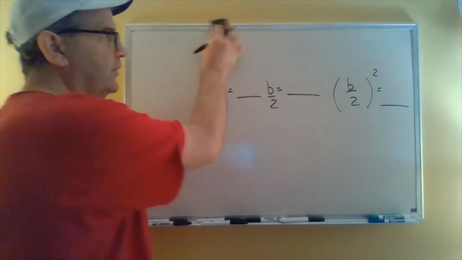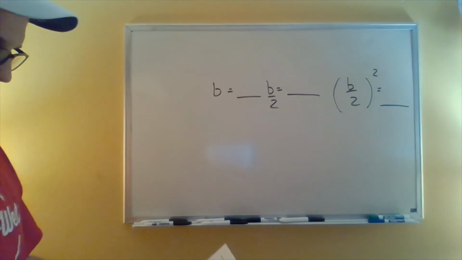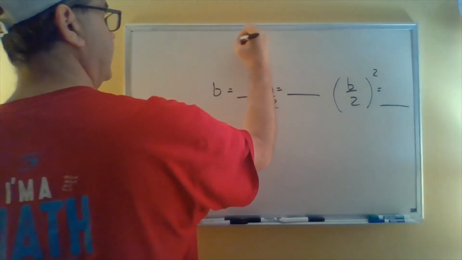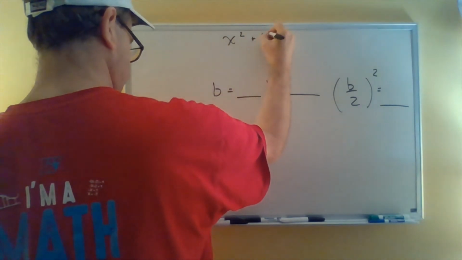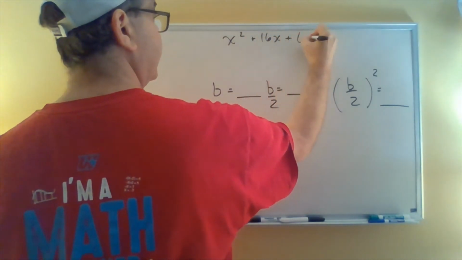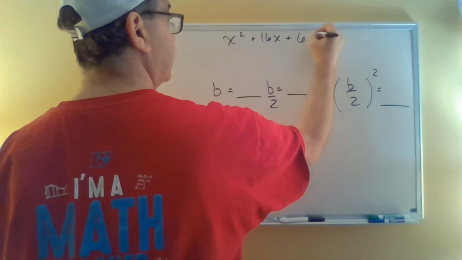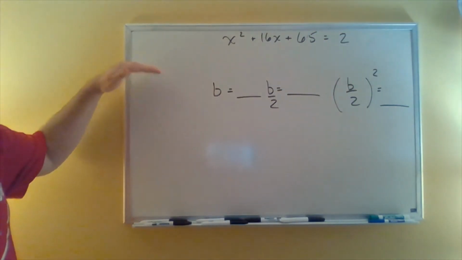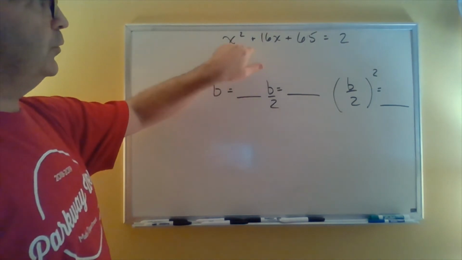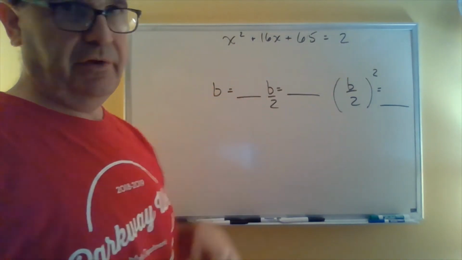So let's go ahead and erase the top one up here. Okay, so let's say we're given the equation x squared plus 16x plus 65 equals 2. Let's remember our goal was to get our variable terms on the left side and our constants on the right.